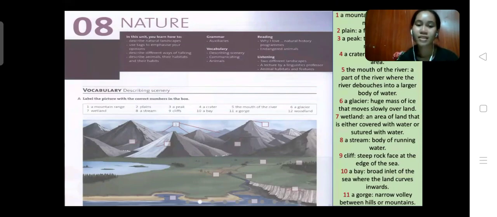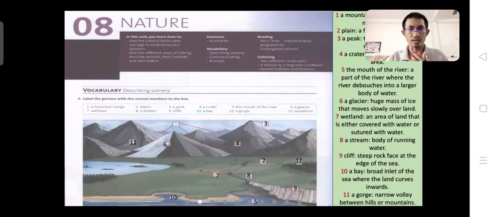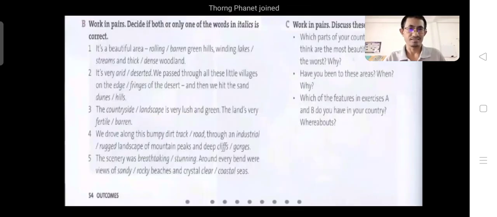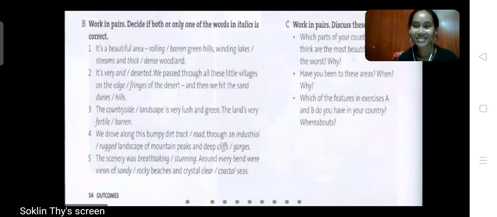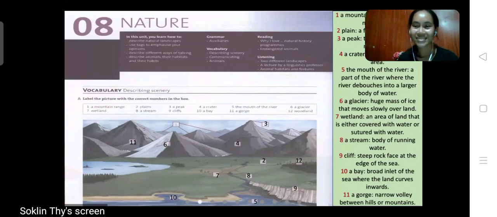Excuse me, teacher. My slide is an animation slide, so would you please click to the next? Okay, those are the answers already, right? Yeah. Wait, teacher. I want you to click one by one.